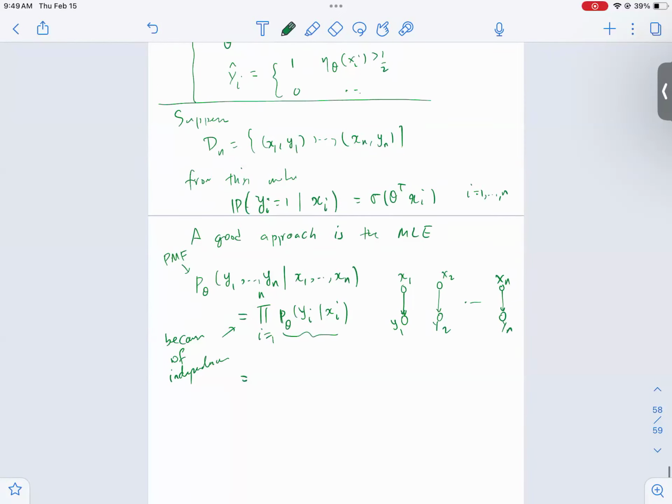Another way of stating this, if I want to be like a statistician, I would write it as yi given xi is a Bernoulli. So it's a Bernoulli distribution, and there is a compact way of representing the probability mass function of a Bernoulli distribution that statisticians like a lot. So anyone?